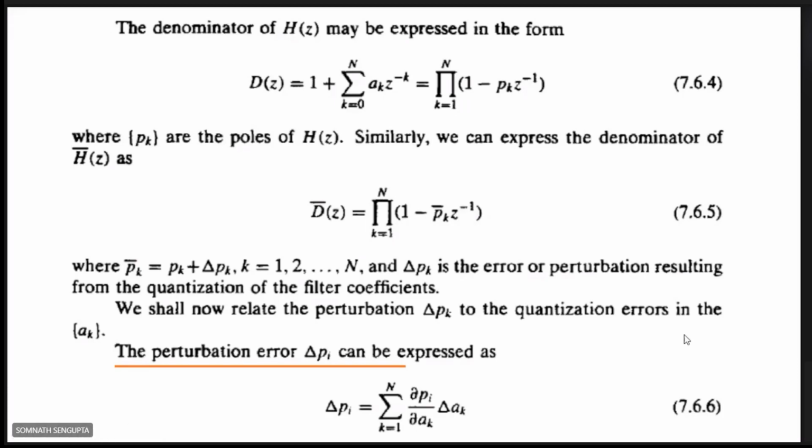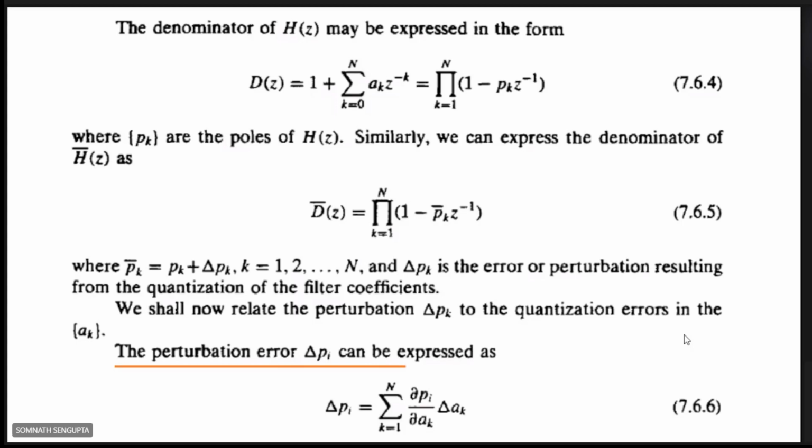So that means for the ith pole, it will depend on the change in the corresponding value of the pole. The ith pole will depend not only on a particular coefficient, it will depend on all the filter coefficients.